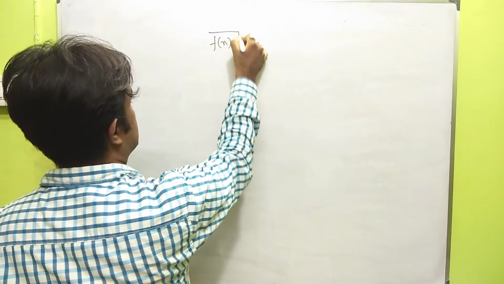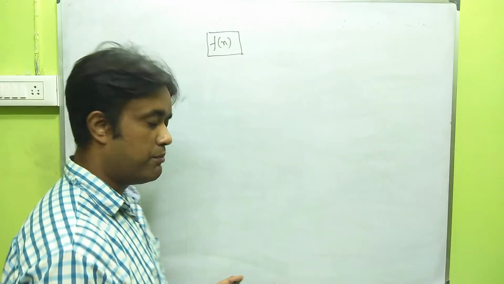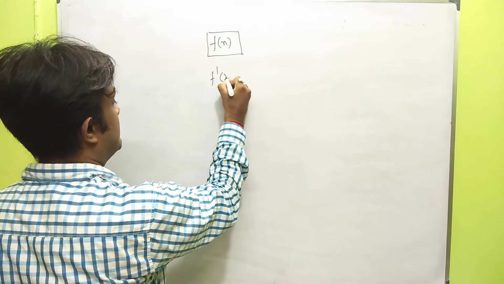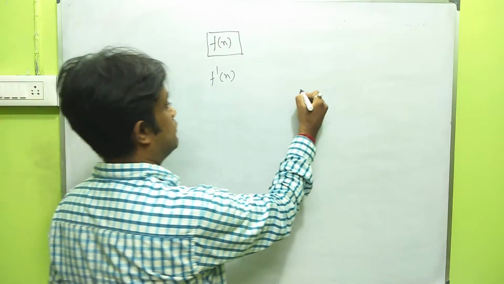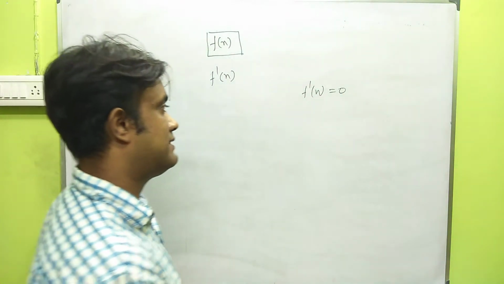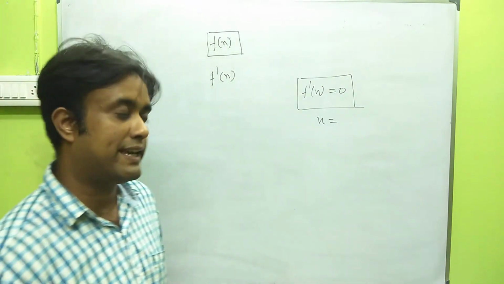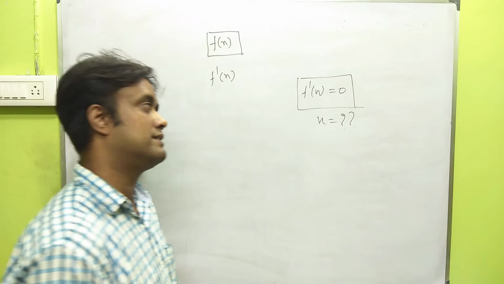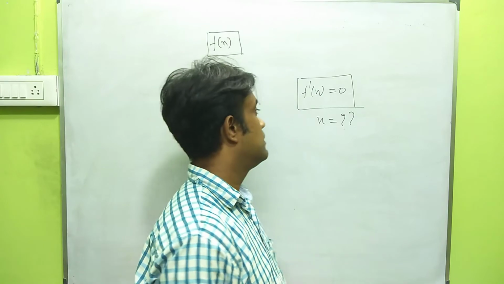To find this maxima or minima or extremum value, we follow 2 steps. First, we find f dash x, and then we use f dash x is equal to 0 and find x, or find the point at which the function is extremum. Extremum means that it may be maximum or may be minimum.